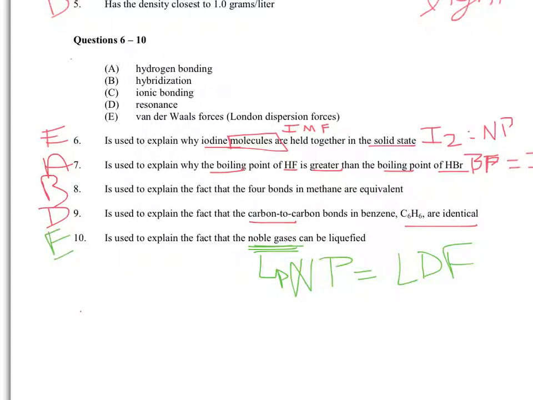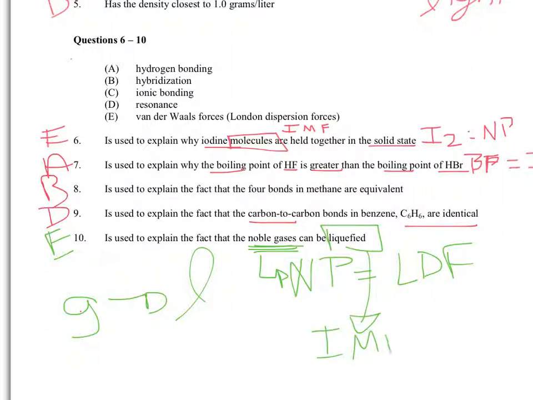Now, what does it mean to go from a gas to a liquid? What's technically happened on the molecular level? They're getting closer, which means they can form a force between them. And so if something is liquefied, that means an IMF has occurred. Well, if something is non-polar, the only IMF it can have is an LDF. That makes sense. So if you think about it in terms of states of matter, a state of matter change only occurs because an intermolecular force has changed.